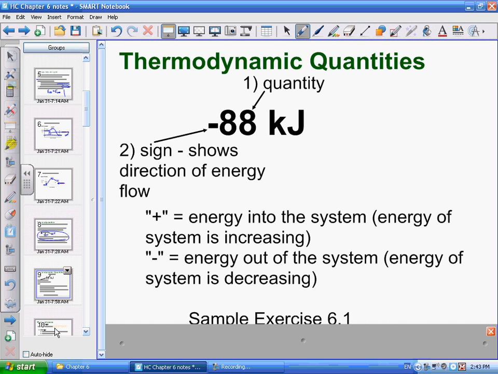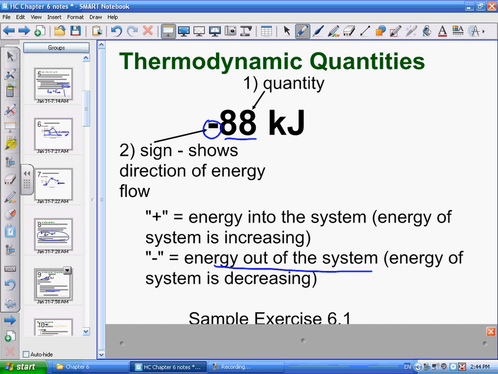All right, so thermodynamic quantities are such. Now, again, an introduction to what we have here. We have two things. I have a sign and I have a quantity. Well, the quantity could be anything, 88, 188, 2088, it doesn't matter. But the sign is what I really want you to pay attention to here. If I have a negative sign, the negative sign says energy is going out of the system, or the energy of the system is decreasing.